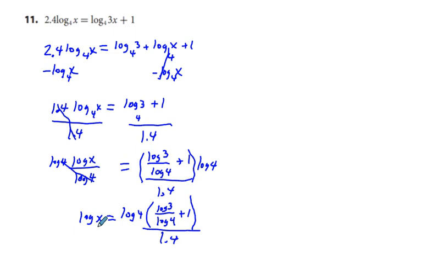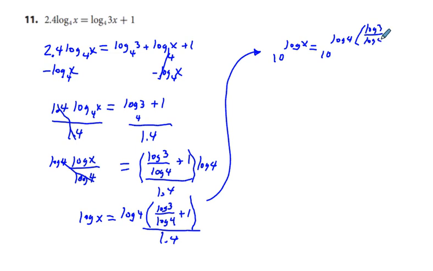Okay, so now what we're going to do is take 10 to the power of each side. So we have on the left side 10 to the power of log of x is equal to 10 to the power of log 4 times log 3 over log 4 plus 1 over 1.4.